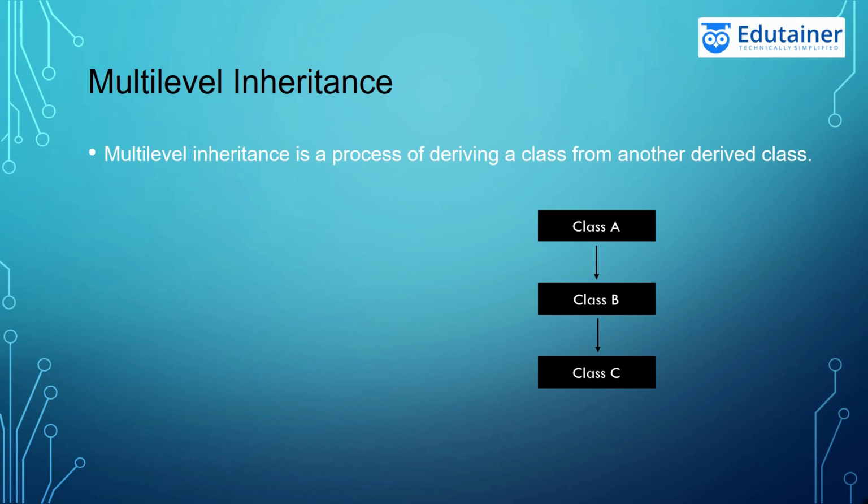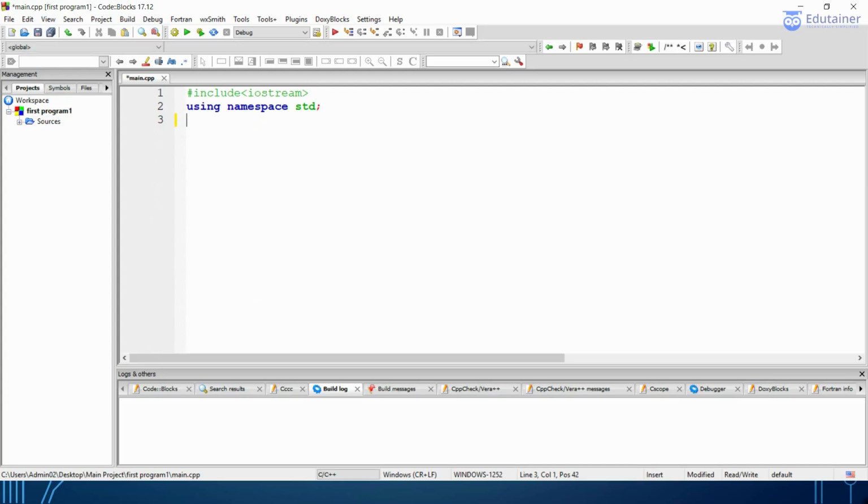Let me take you to the code block so that I can show you an example of multi-level inheritance. So let's start with the coding part. As you can see, I have included the header files. Now I will write the class name. Let us suppose I create a class named animal, in which I will put public, as all members are private by default.